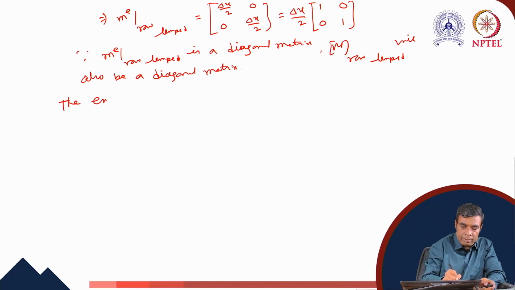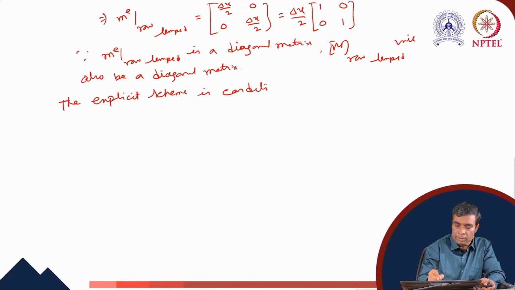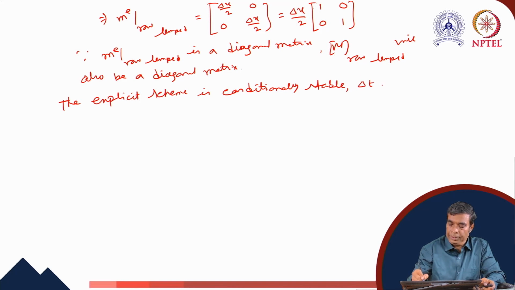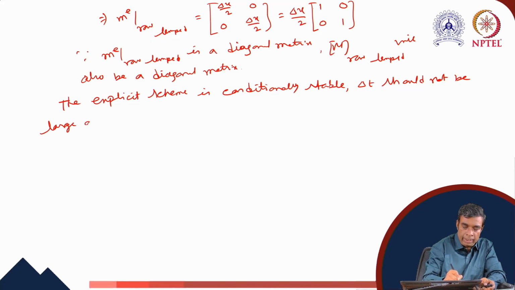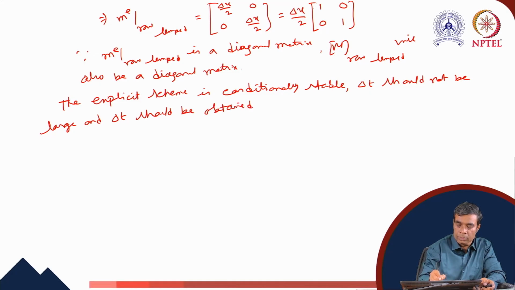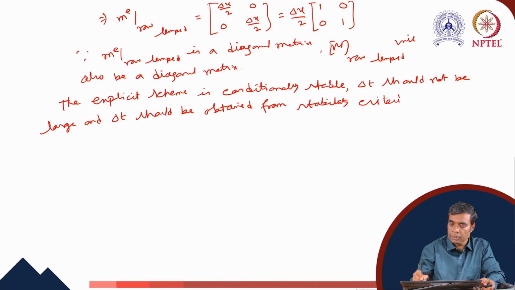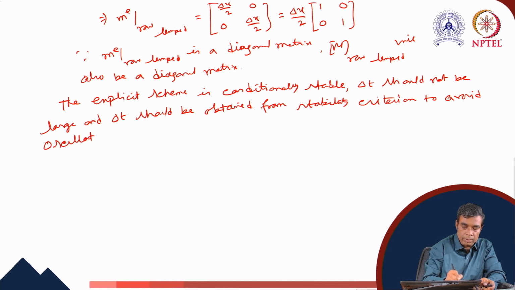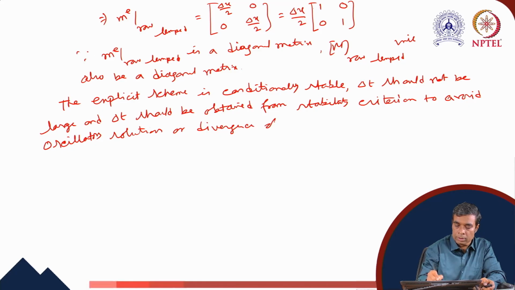The explicit scheme is conditionally stable, implying that delta t or time step size should not be large and delta t should be obtained from stability criterion to avoid oscillatory solutions or divergence of results.